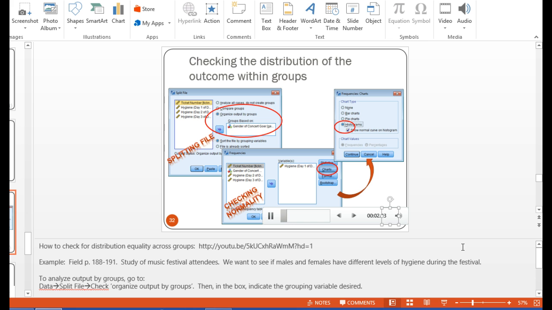Please refer to the screencast link in the notes below this slide for a tutorial on checking the distribution of the outcome within different groups for the purpose of comparing the distribution shapes across those groups.